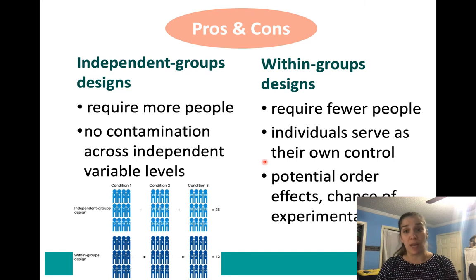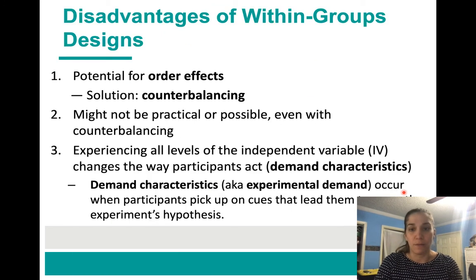In a within groups design, it typically requires fewer people, but again, that's not necessarily true because if you have to counterbalance, you're actually adding another group anyway. But individuals serve as their own control, which gives you more power to detect actual differences. But it has potential order effects, right? And the chance of experimental demand, which I'll talk about right now.